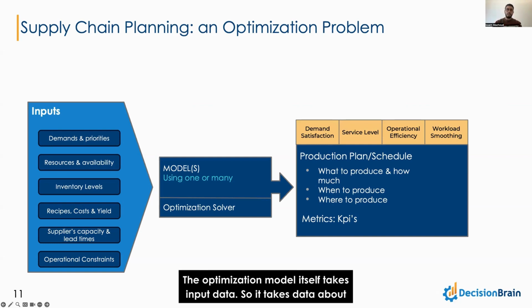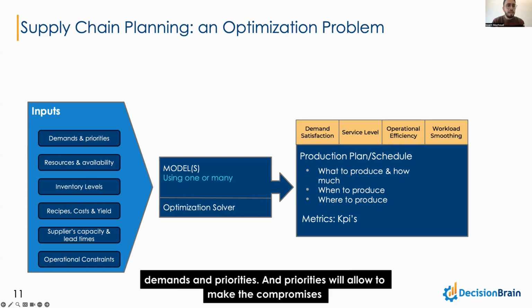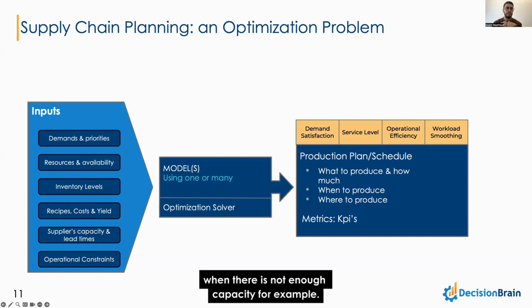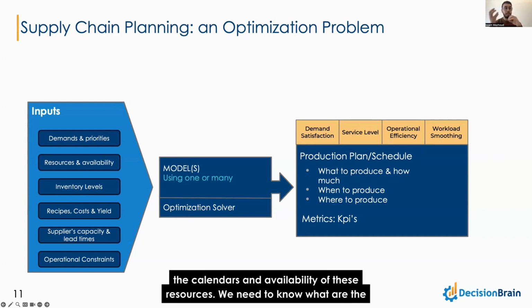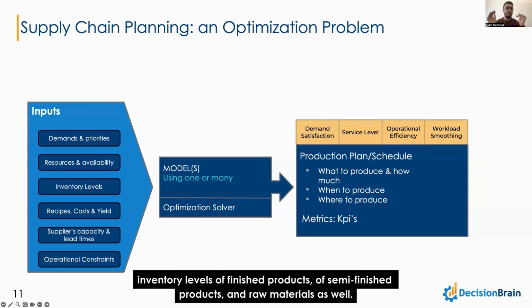The optimization model itself takes input data. So it takes data about demands, and priorities will allow making the compromises when there is not enough capacity, for example. We need information about resources, and about the calendars and availability of these resources. We need to know the inventory levels of finished products, semi-finished products, and raw materials as well.